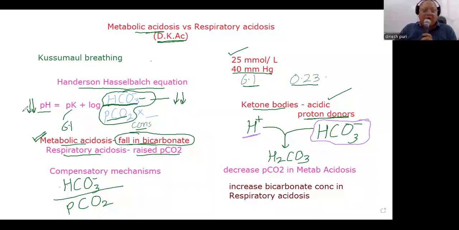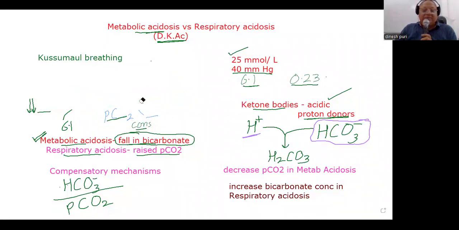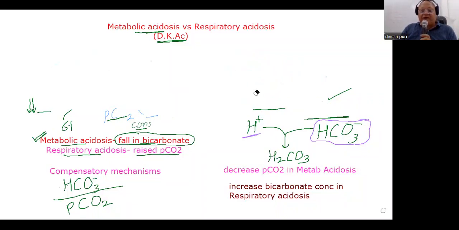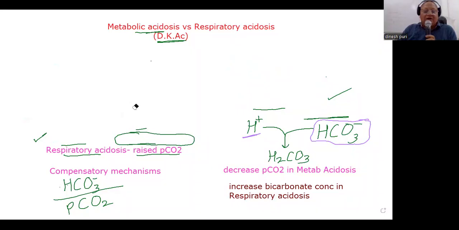So metabolic acidosis in diabetic ketoacidosis, because the primary defect is fall in the bicarbonate concentration. We started the class with Kussmaul breathing. Let us talk a bit about that also. There are certain compensatory mechanisms that come into the picture. Because if the pH has to be restored, then this ratio has to be restored.